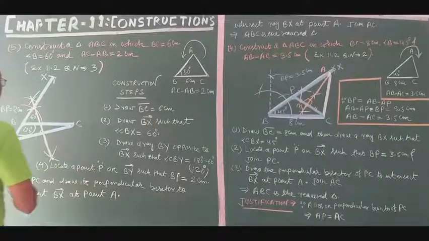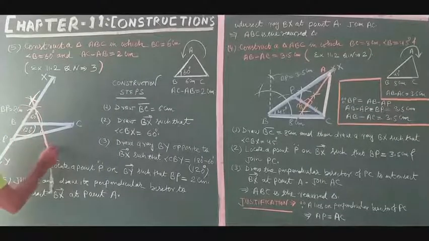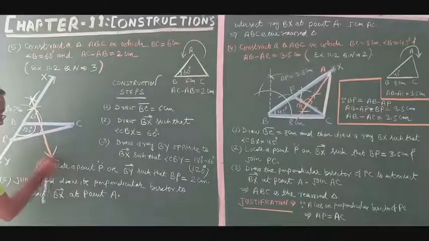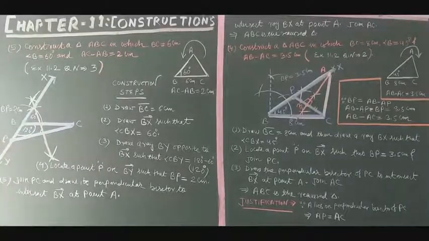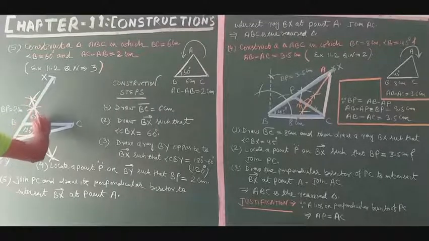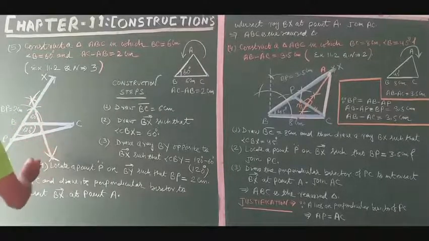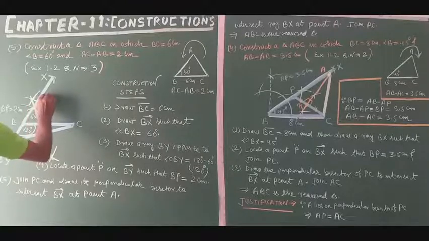This is the perpendicular bisector of PC, and where are they intersecting?